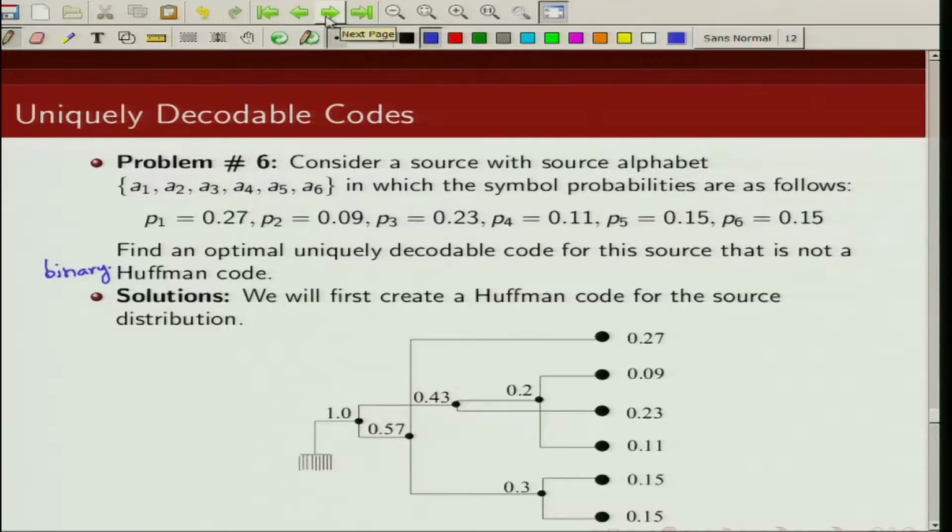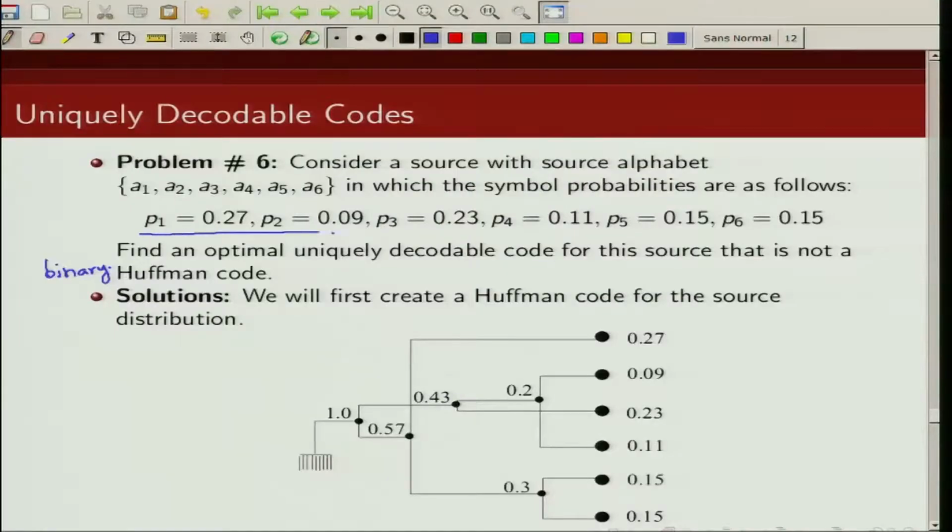So first we are going to create a Huffman code using these symbol probabilities. So you can see here the two smallest symbols with probabilities are this 0.01 and 0.11. So I join them, get probability 0.2.